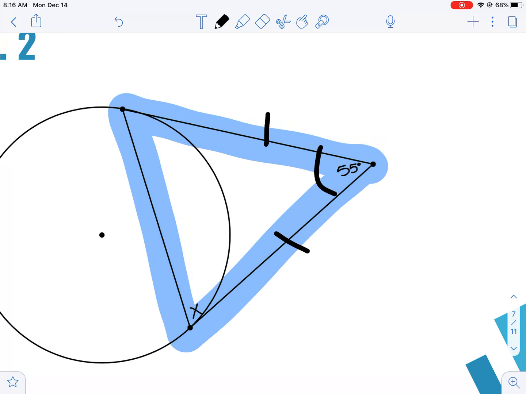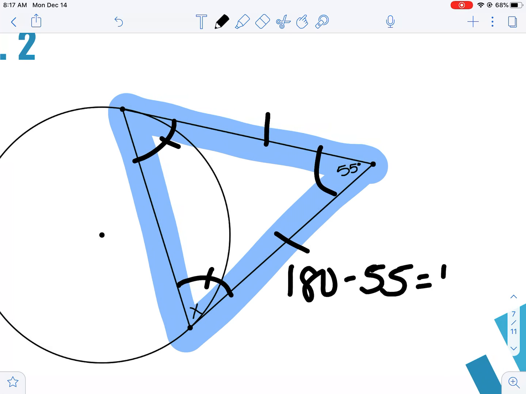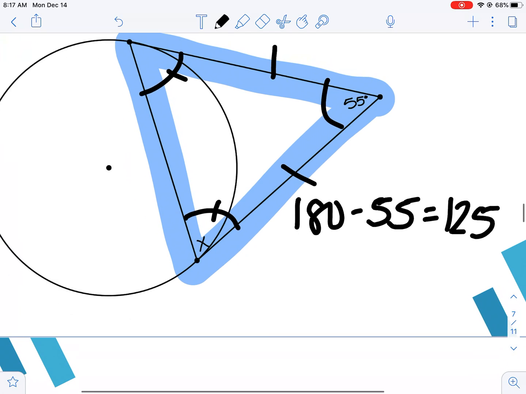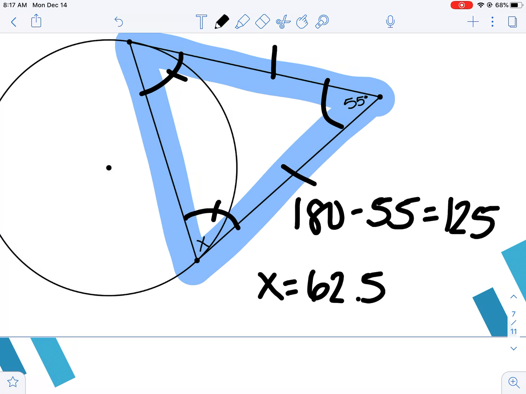I've used 55 degrees for my vertex. This angle and this angle must be congruent. So I can do 180 minus 55, and I get 125 left for my two angles. 125 cut in half, each angle measure x must be 62.5 degrees.